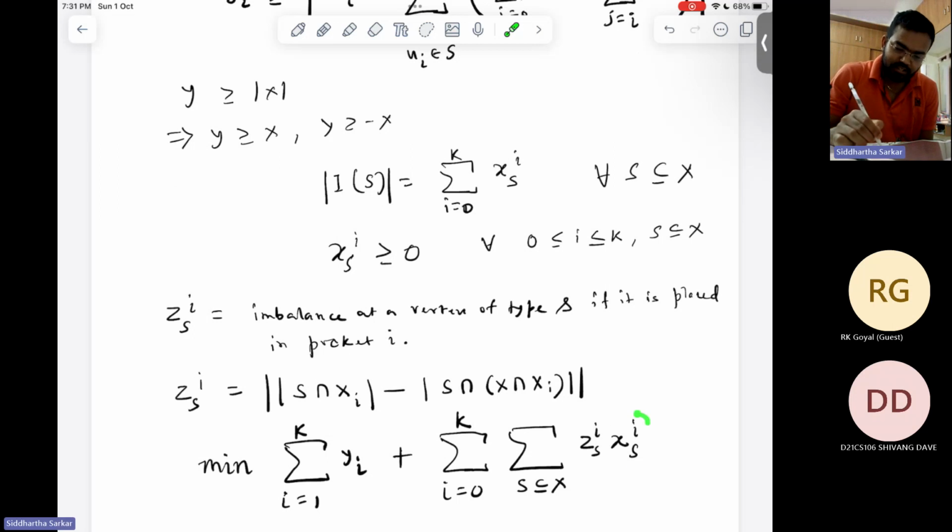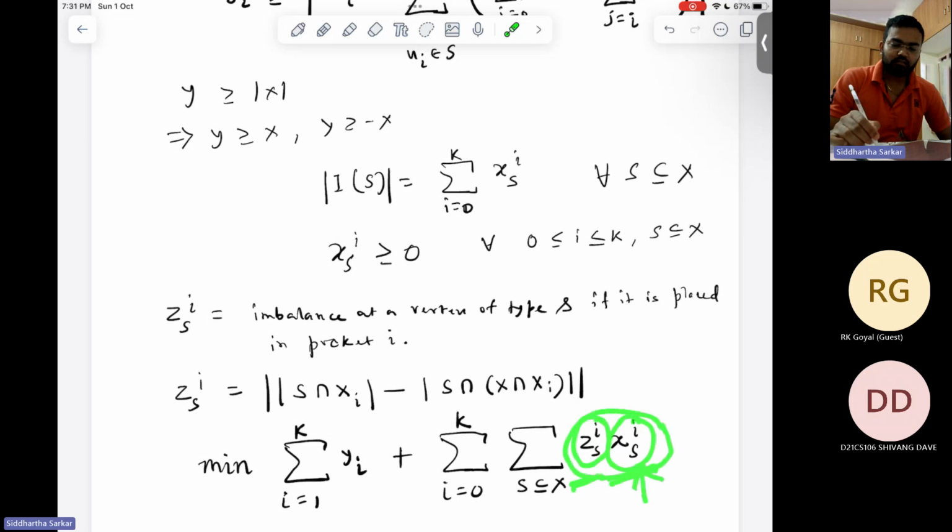XIS is the number of such vertices that have gone to pocket i and are of type S. The imbalance of such a vertex is fixed because the neighborhood S is fixed, because imbalance is defined with respect to neighborhood. So given a labeling, given an ordering, the imbalance of all those vertices which are in pocket i and of type S is fixed to be ZSI.